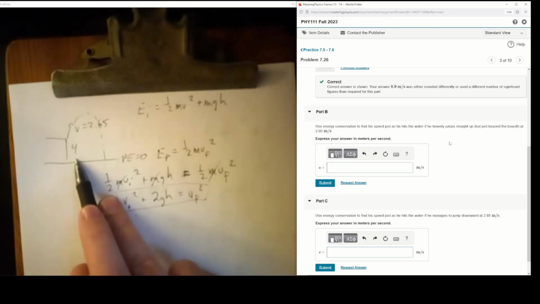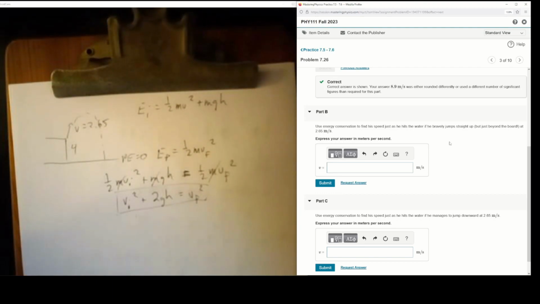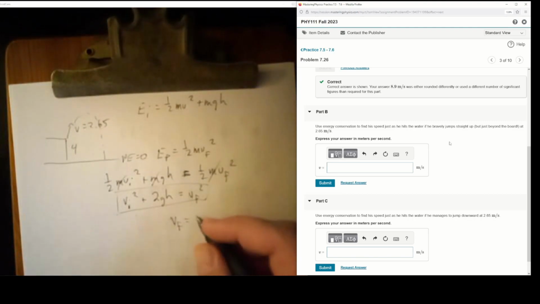The height here is 4. We do have to take the square root of all that as well to get a final velocity.